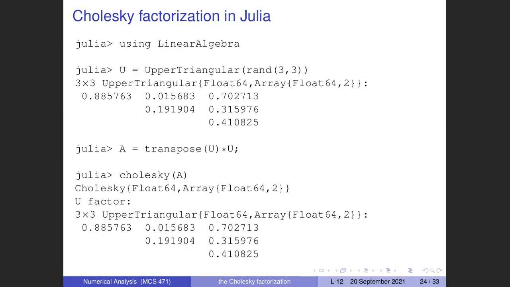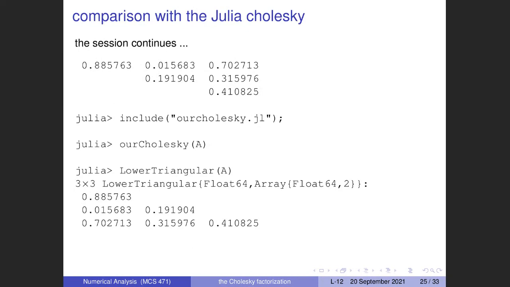If you are suspicious of this, you can reformulate our Cholesky now as an upper triangular formulation. We can compare to our Cholesky, and we see that on the same matrix our Cholesky returns exactly the same matrix as the Cholesky of the linear algebra module.